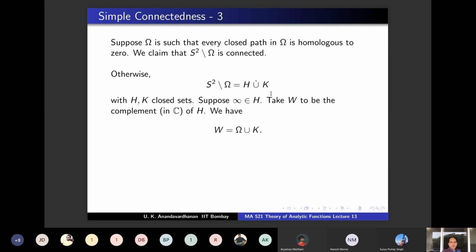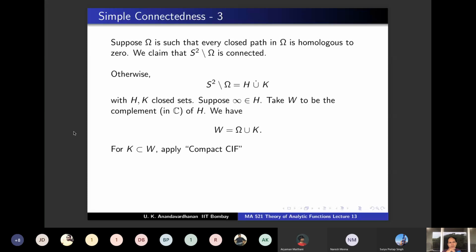K is the other part, a closed set, the part other than H of S2 minus omega. So you are taking omega union K as W. Now consider K, so K is contained in W, and for K contained in W, apply compact CIF.